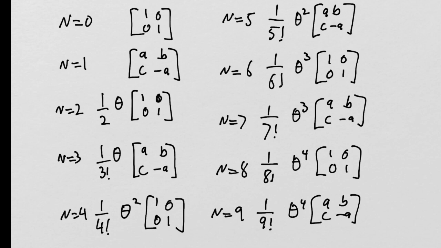So now we can think about this in terms of a pattern. I've just listed out the first 9 of these terms, and you can see how the pattern goes. You start with the identity, then you get the generator matrix, then you get the identity times theta, where theta was a squared plus bc.